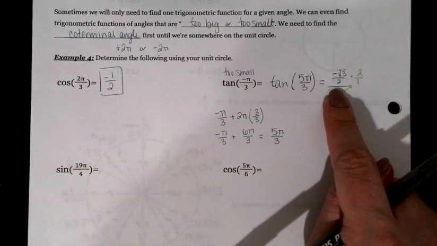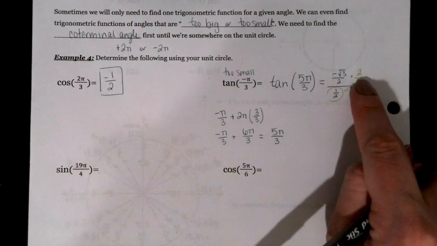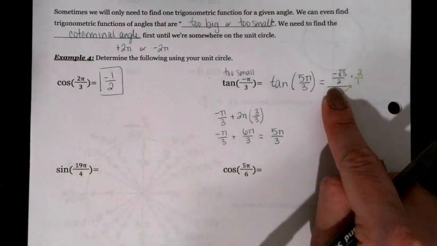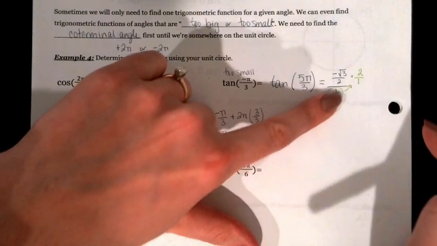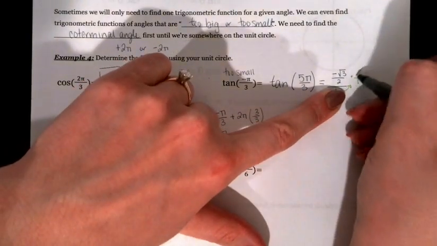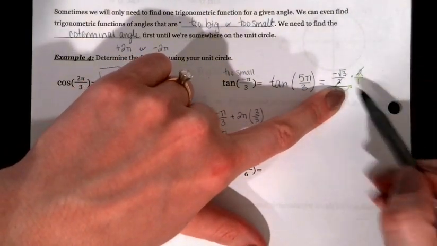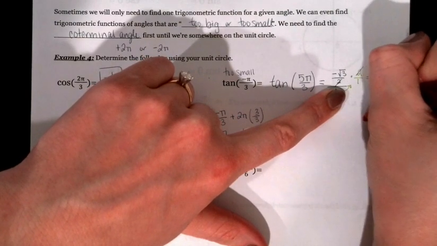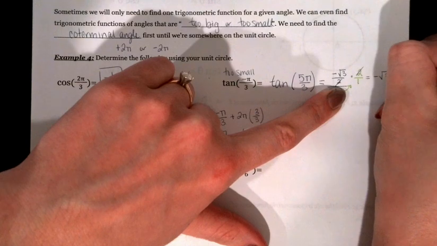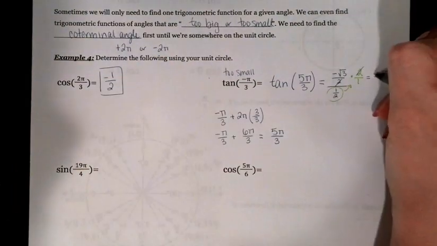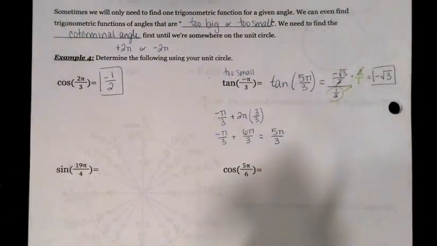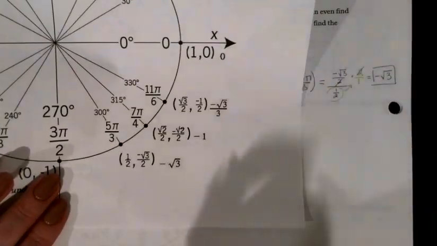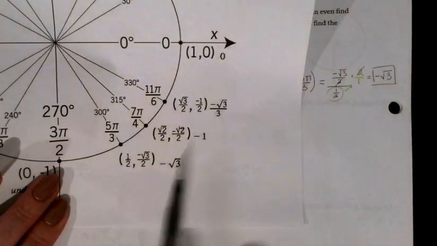When I do this, I do recognize that I have a 2 in the numerator here and in the denominator, so those 2's would cancel. So my 2's cancel. So I would have negative square root of 3 over 1. Well, anything over 1 is itself, so that is how I get the negative square root of 3. Which, if we look back at our unit circle, for 5 pi over 3, that was our tangent, which is what we got.